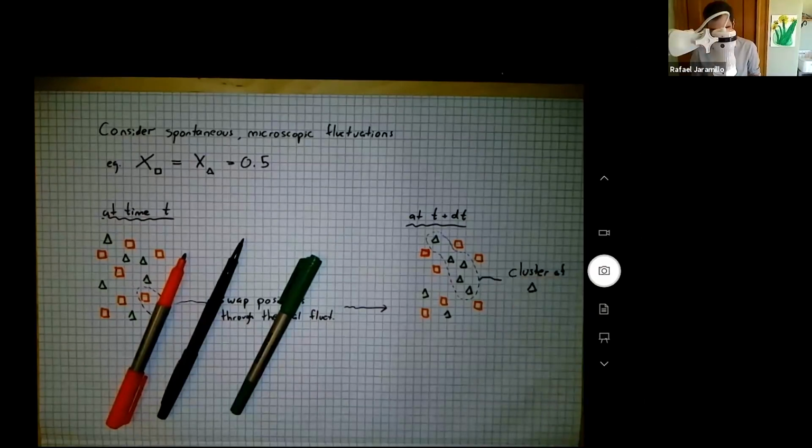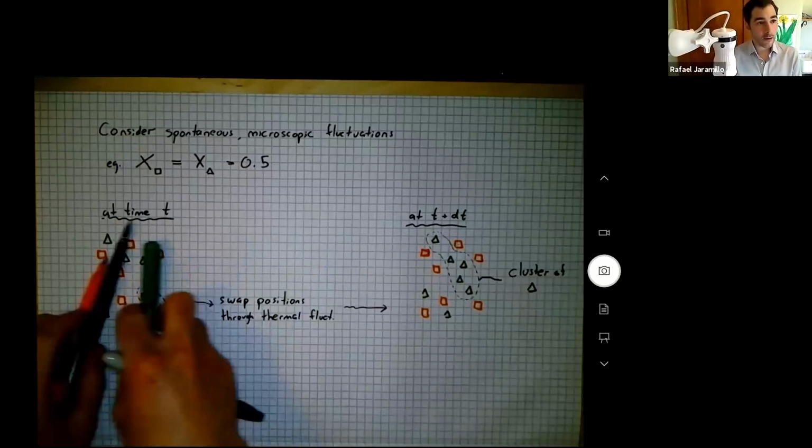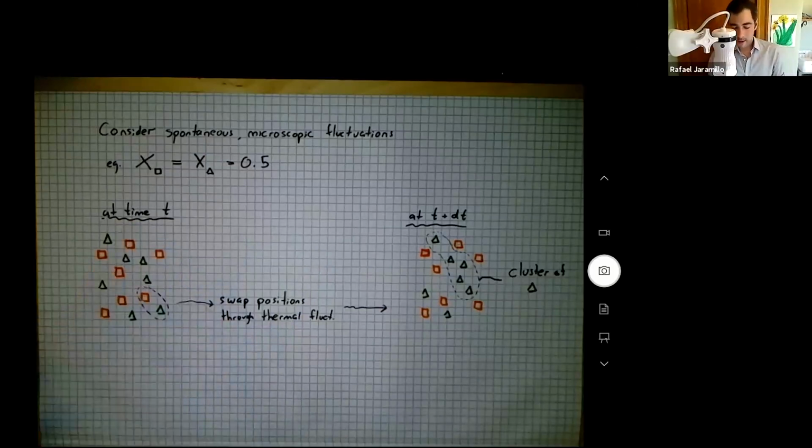And you have to imagine that this kind of thing happens all the time, right? 10 to the 15 times per second in any thermal system, any sort of liquid at room temperature. Not that many times per second in solids, but still many billions of times per second in solids. You have these fluctuations, they're happening. And here's the question.